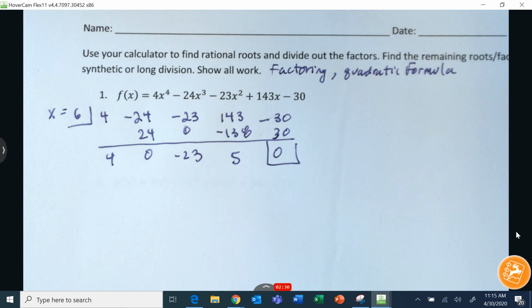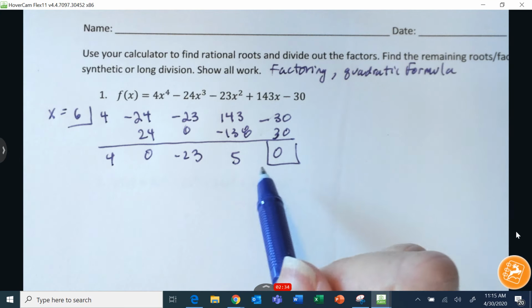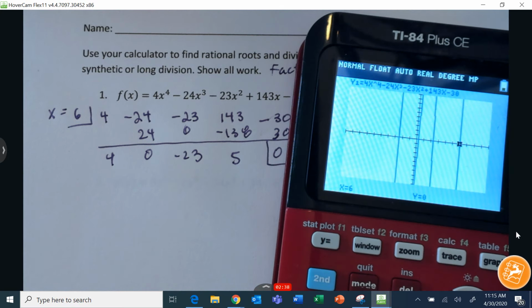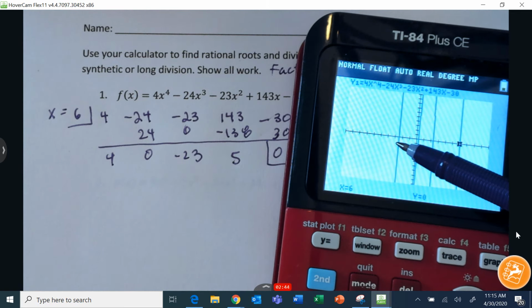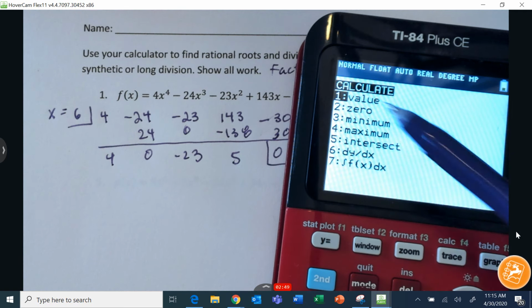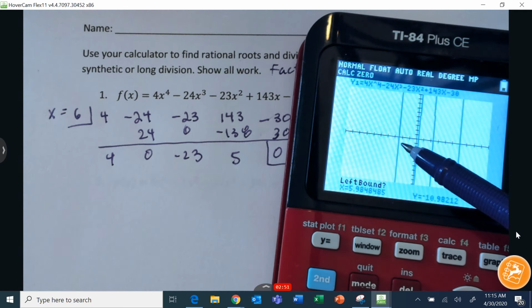Okay, so that one works. Now we have to find a second one, and these look like they're all decimals. So going from left to right, I'm just going to see if I can find this left one first. I'm going to do second trace, and I'm going to do zero. It says left bound.